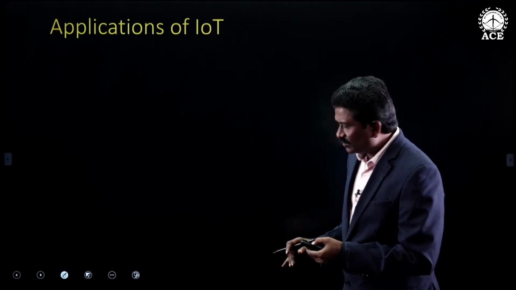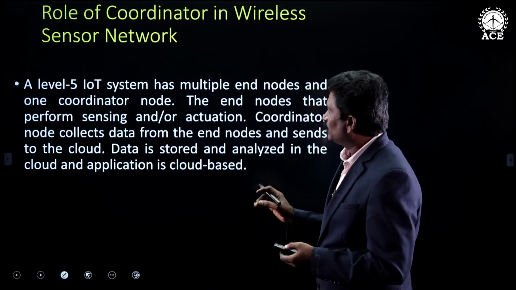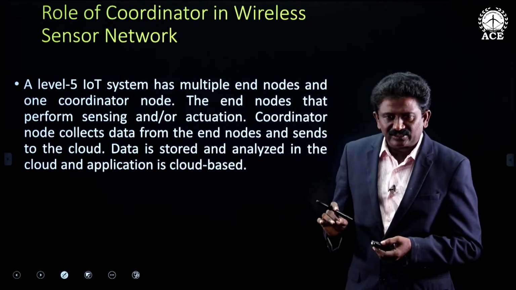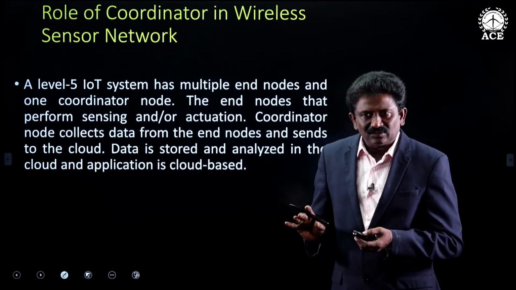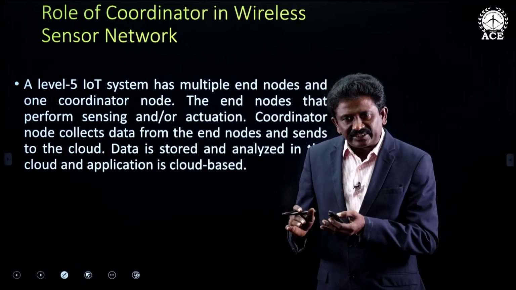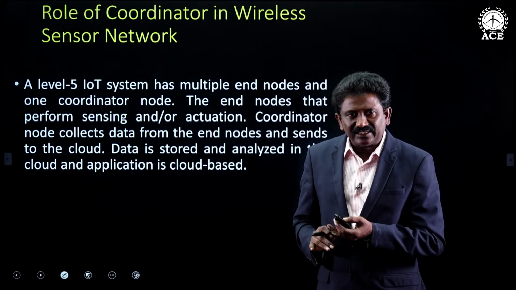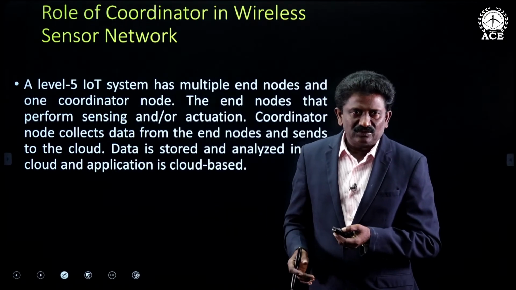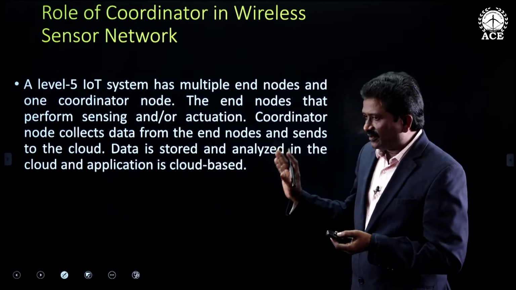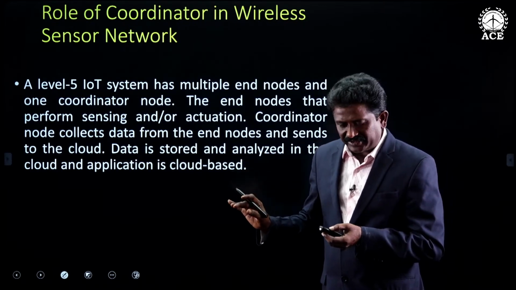Next, level 4 has some nodes that analyze data and send it to the cloud. So these are the 4 types of level communications.